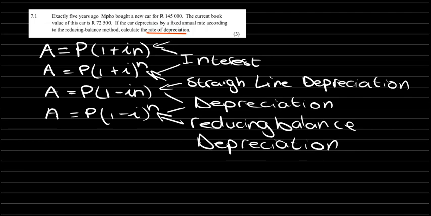If we go back to our question, we see that we want to use the reducing balance method, which is this equation right here. Okay, so let's get into solving the question.